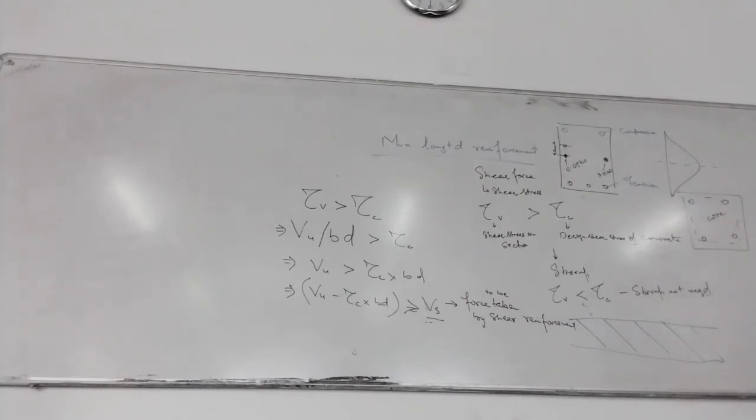The shear reinforcement shall be provided to carry a shear equal to Vu minus tau c into bd. The strength of the shear reinforcement Vus shall be calculated as below. Now, how does he calculate this?